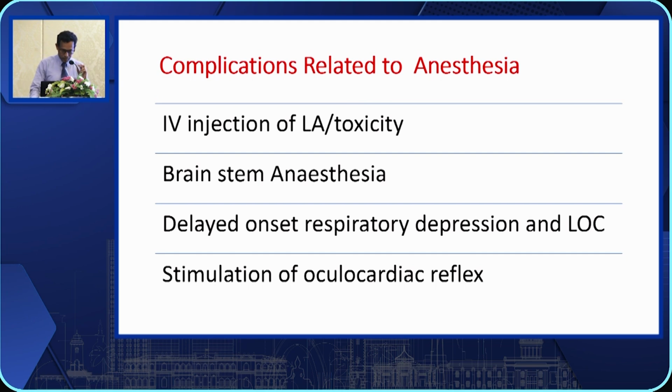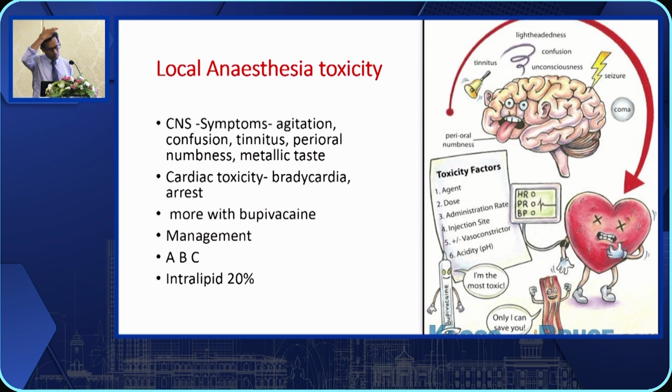At last, I'll talk a little bit about the complications related to anesthesia. What are the main complications? Local anesthetic toxicity, from intravascular injection. This is a very serious complication, as you know. If you exceed the toxic dose, or if you give an intravascular injection of local anesthetic, you can develop toxicity. The toxicity depends on the type of local anesthetic you use.